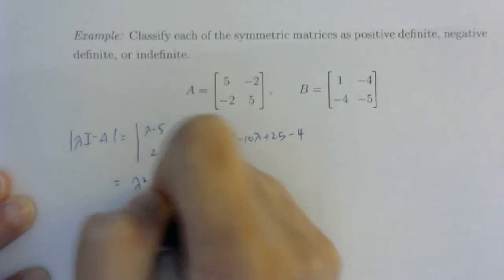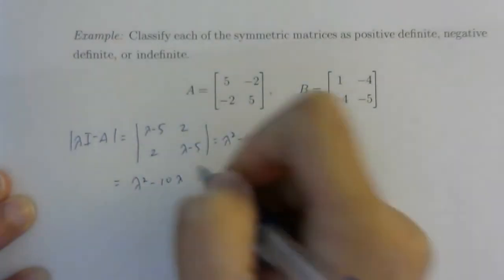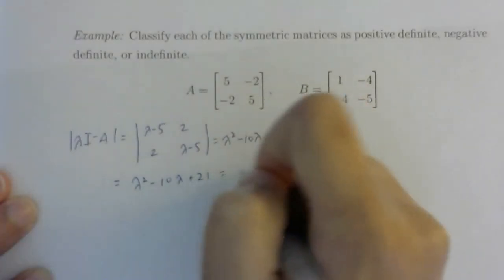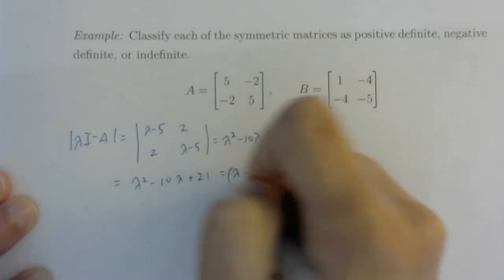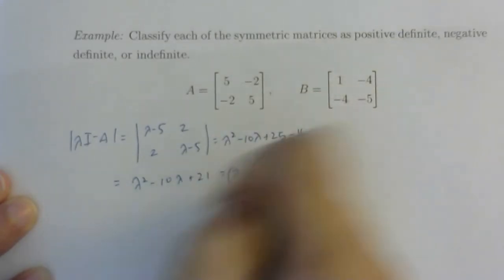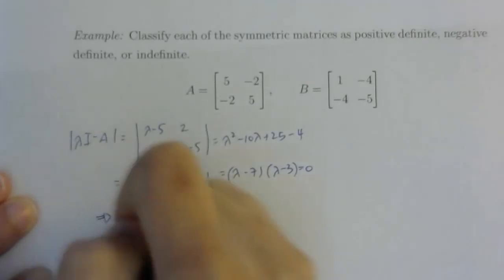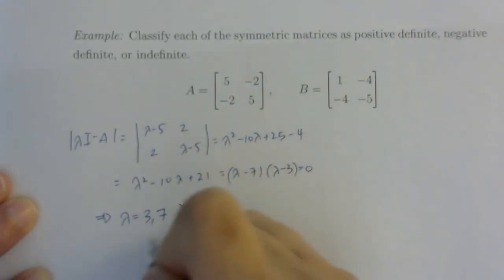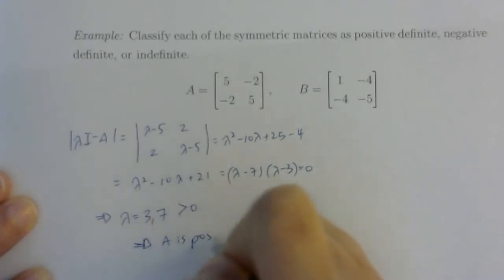So lambda squared minus 10 lambda plus 21. Oh yeah, 7 and 3. Okay, so lambda minus 7, lambda minus 3 equals 0 implies that the spectrum, the eigenvalues, are 7 and 3, which are both positive, which implies that A is positive definite.